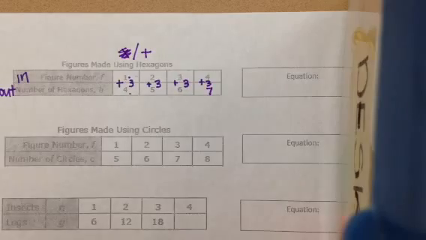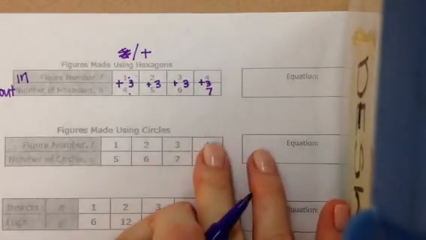If I think about an equation, basically I'm just taking this rule, plus 3.